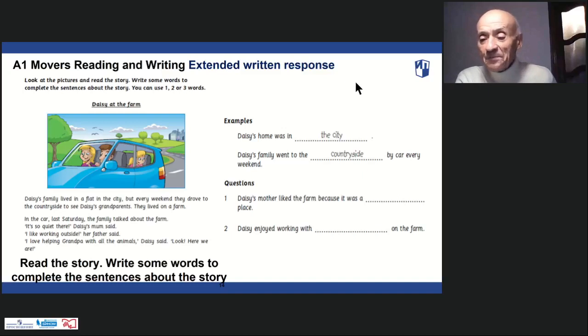She loved helping grandmother with all the animals. She enjoyed working together with the family, with the grandparents, or she liked working with the animals because she was taking care of them.